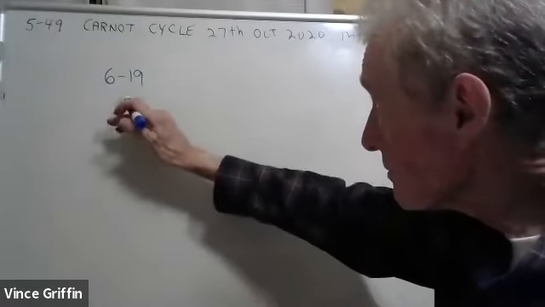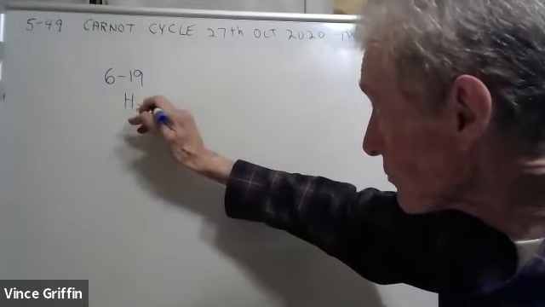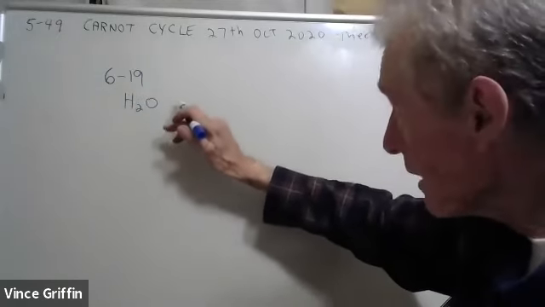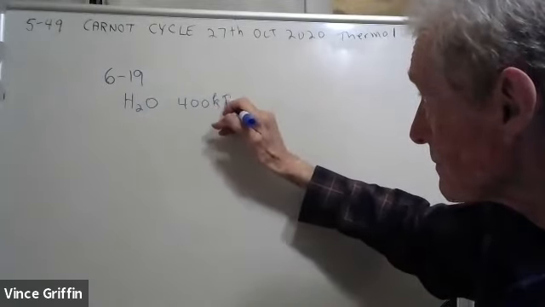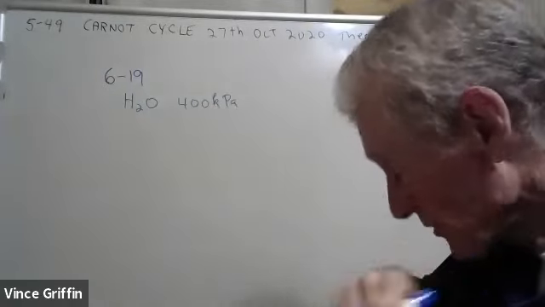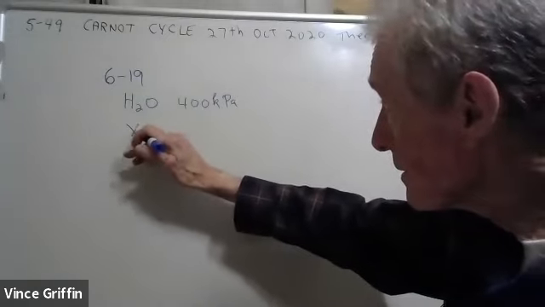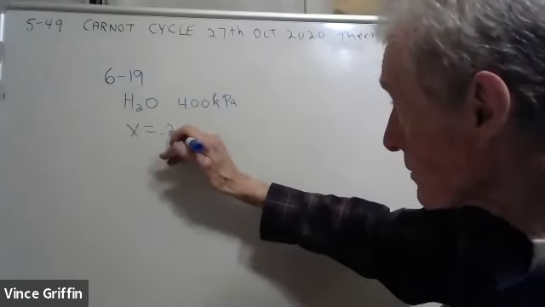They've got water, so we're going to use our tables at 400 kilopascal with a quality of 0.25.